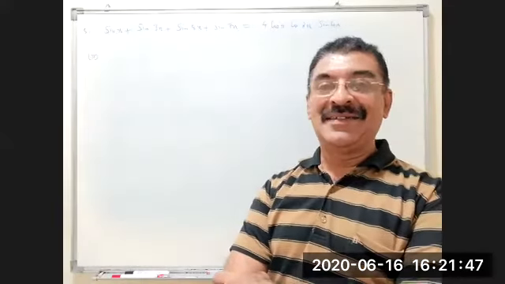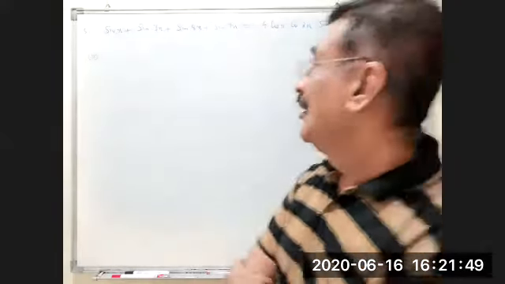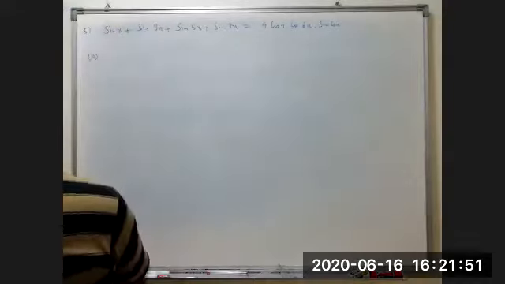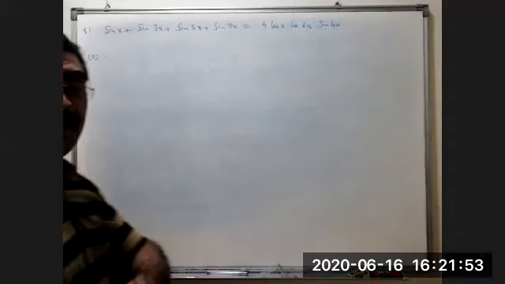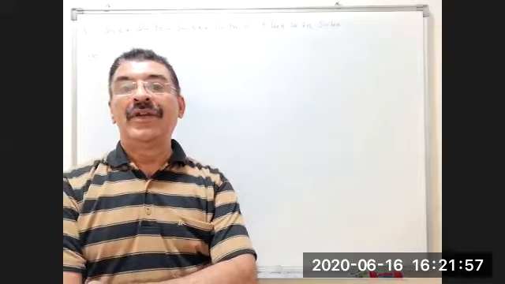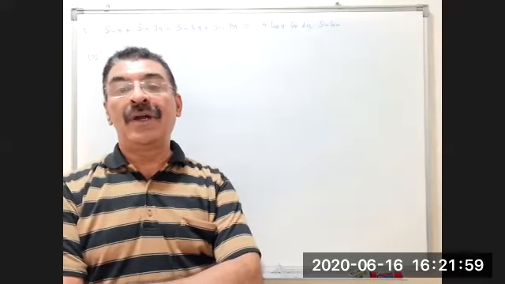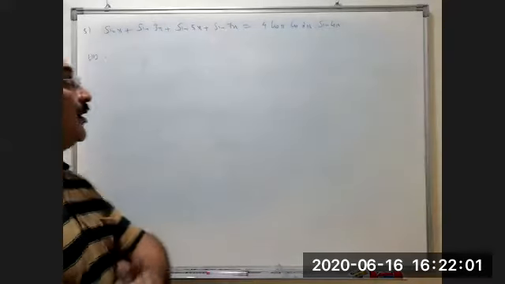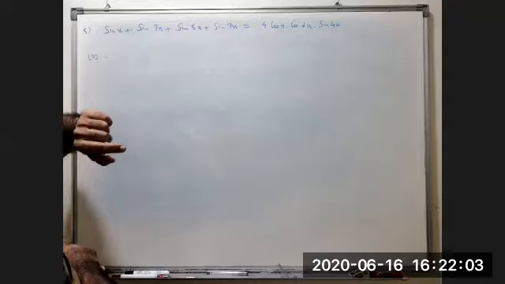Is it 3x and 7x? Keep in mind, we need some common factor also. So here, what's the better choice?